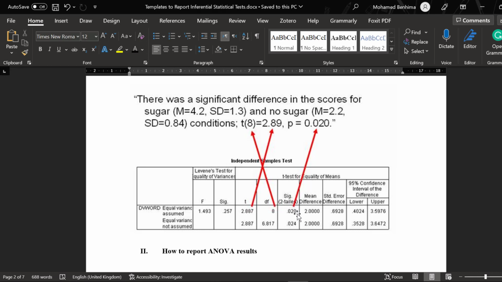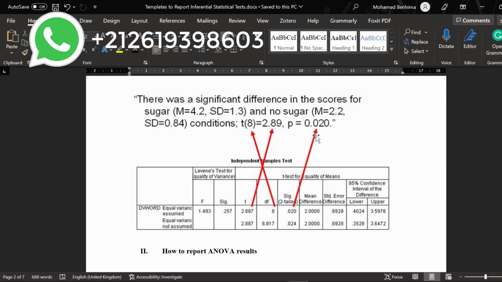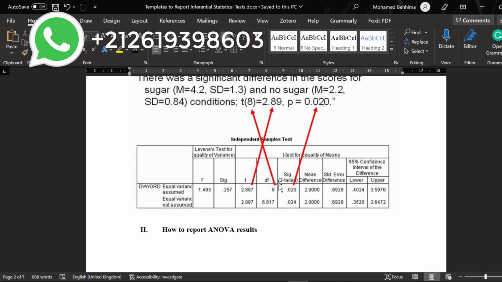So if the p value is below or equal to 0.05, this means that there is a statistically significant difference between the two groups at the 95% level, so to speak. If not, then there is no statistically significant difference between male and female respondents with regard to their use. So this means that gender is not an important variable with regard to the use of L1 to maintain discipline.